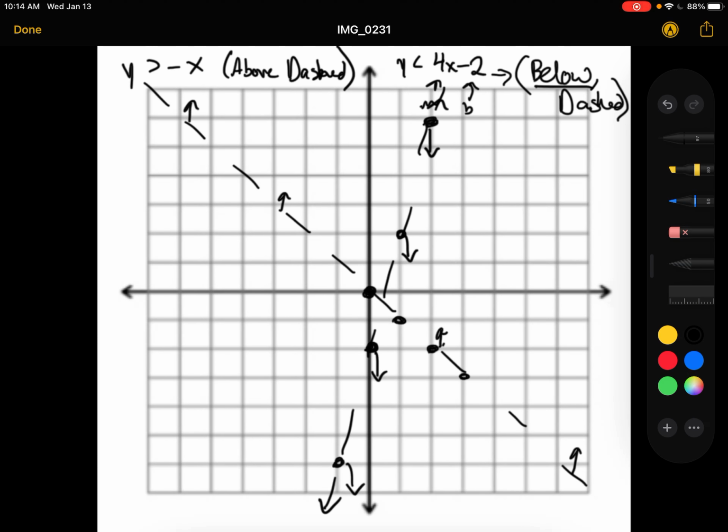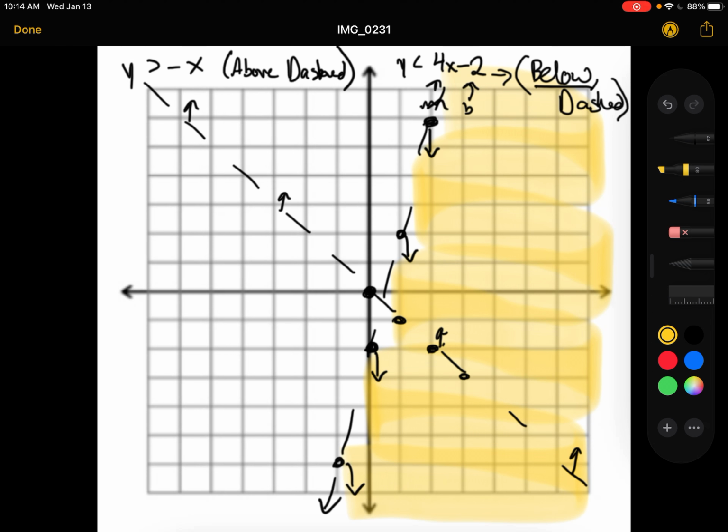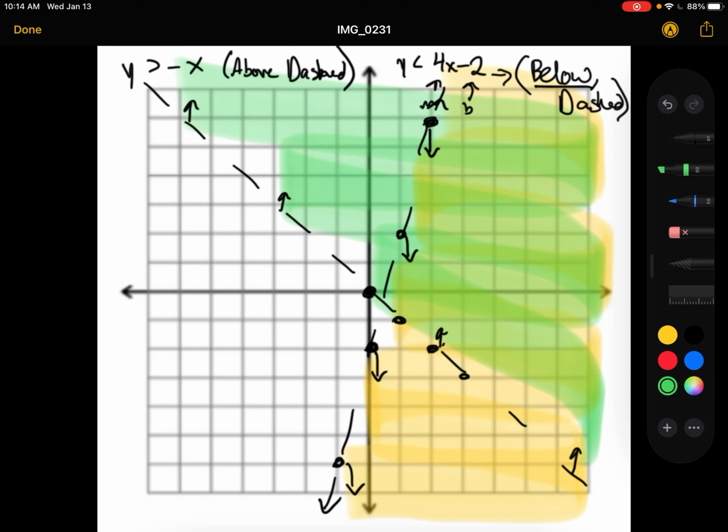And then finally, for our systems, the only place where we shade is where both regions come together. So for example, if we do the entire yellow region for this line that we're shading below, and then we can do an entire green region for this line that we shade above, what you're going to see here, hopefully pretty visually clearly, is there is a region where both of these things are shaded.